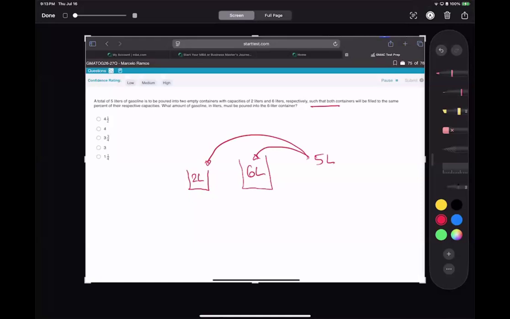So I put an X here and X here, the same amount in terms of percentage. Is that okay? What amount of gasoline in liters must be poured into the 6 liter container?